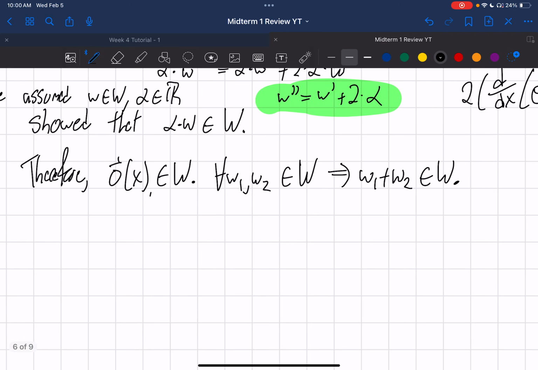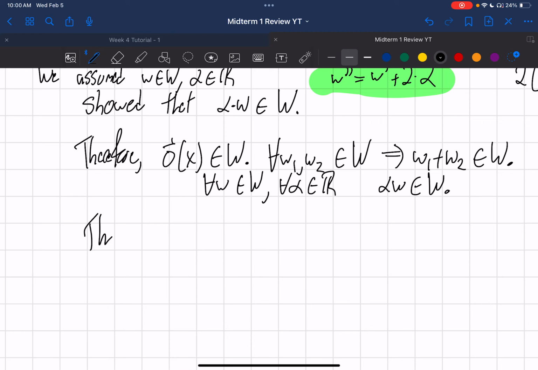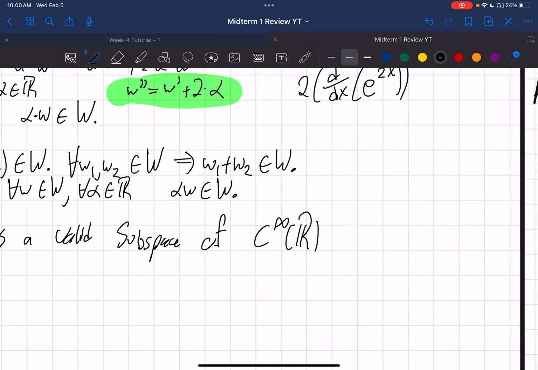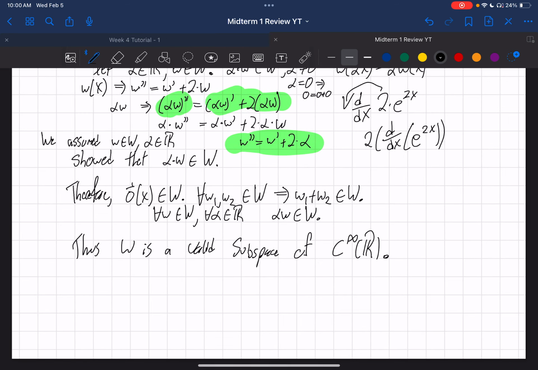And we also have, for all regular functions that are in our space, and all real number scalar values, that alpha W is also an element of our vector space. So thus, W is a valid subspace of C infinity, or the infinitely differentiable real valued functions, and thus we are done.